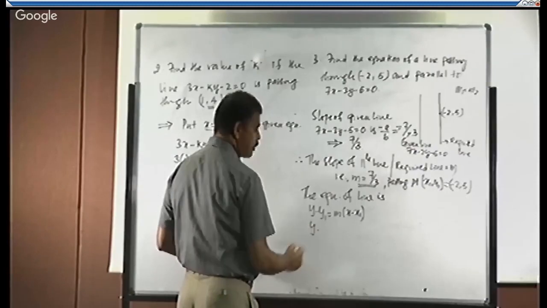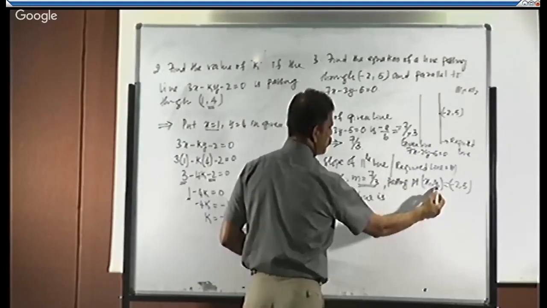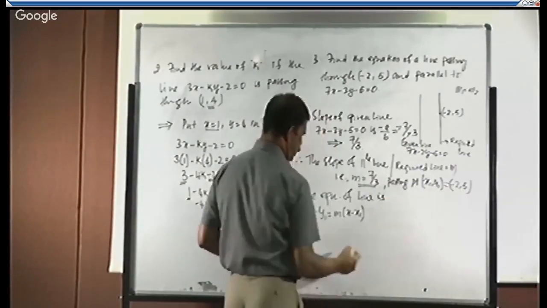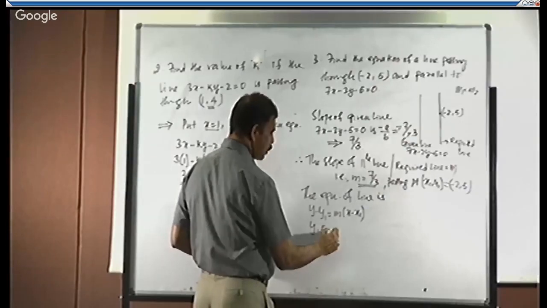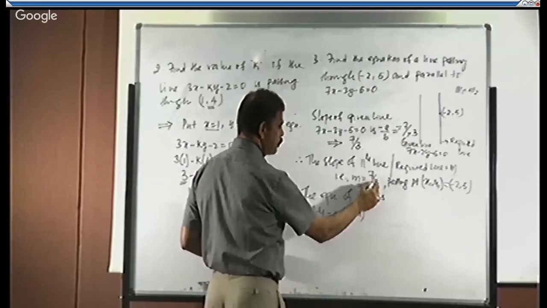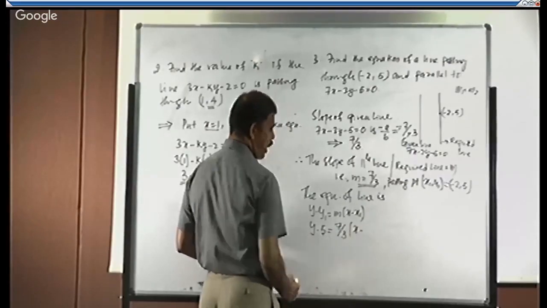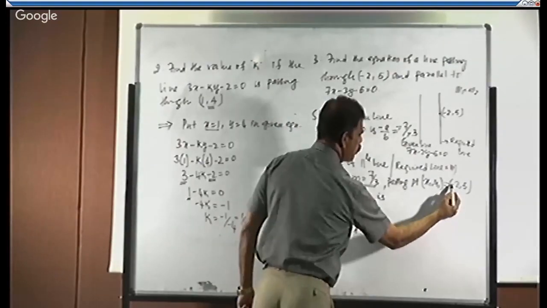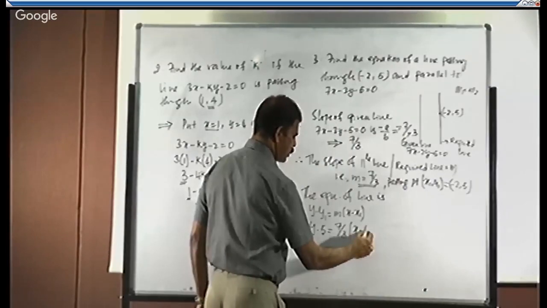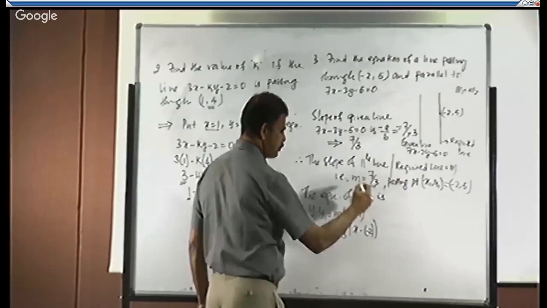Y minus y1, what is y1? The passing point's y is 5. What is m? M is equal to 7 divided by 3. X minus x1. What is x1? Minus 2. It becomes minus of minus 2.